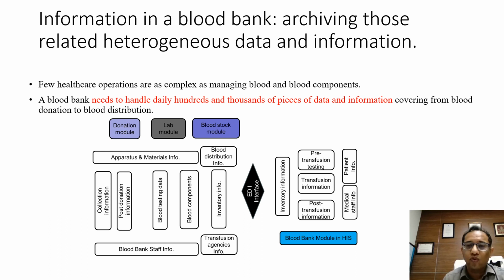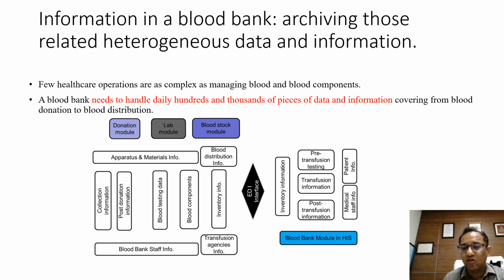You have the staff info; there is a lot of attrition, so you need to know which staff is registered in your blood bank. Then you have the lab modules, where blood testing happens and blood components are prepared. Then you have the stock module, with the blood distribution numbers, the inventory info, and the transfusion agencies to which you need to give information.